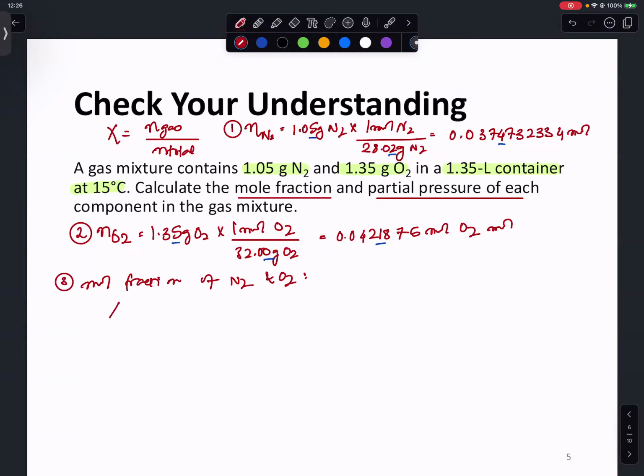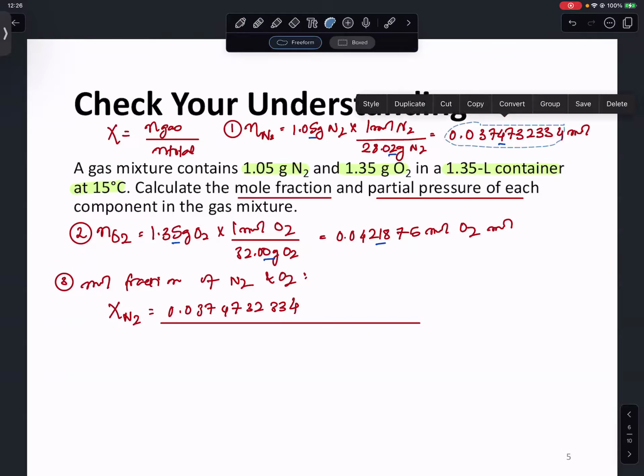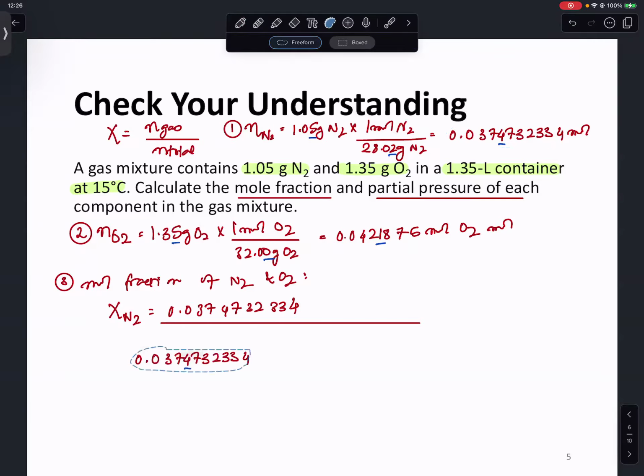And so the mole fraction of nitrogen is 0.03747323334 moles, divided by, again, that same number, which I'm going to copy and paste right here, plus, because this is the total, the moles of oxygen.